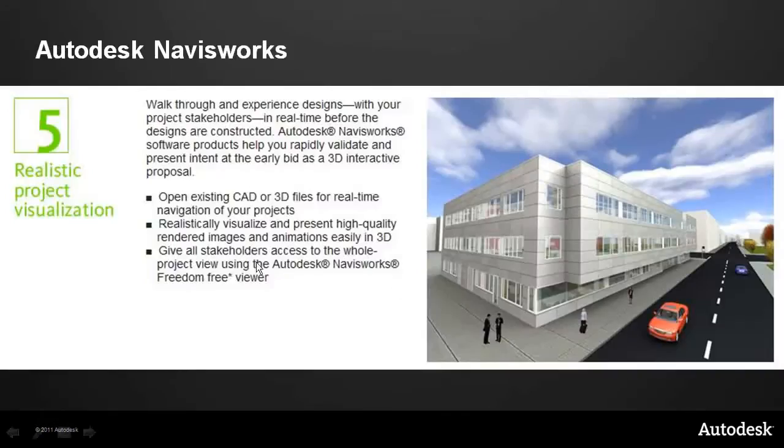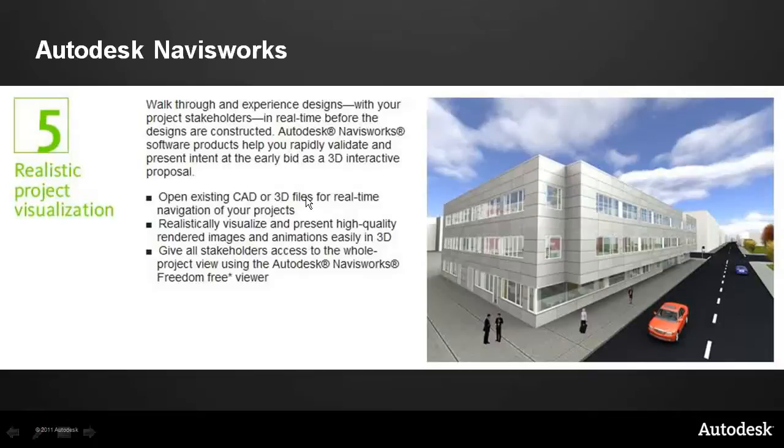Last part of this, the realistic project visualization. You get really good rendering from inside Navisworks, and you can choose to do it in the form of the presenter materials, where you have different backgrounds and you can assign different materials.